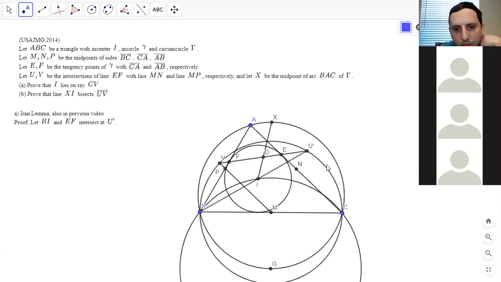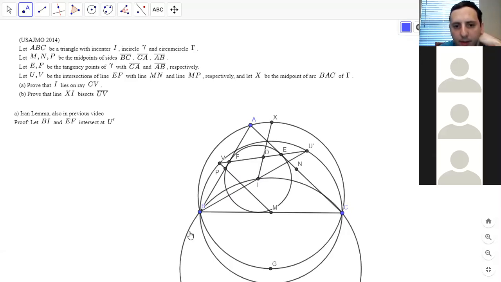Angle IU prime E is equal to angle AFE minus angle ABI, and both of those we can calculate.